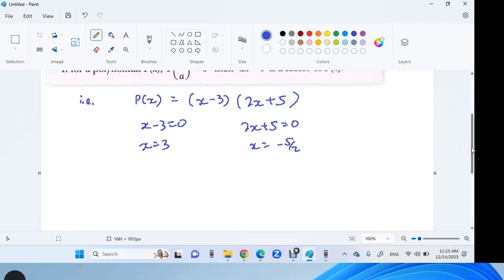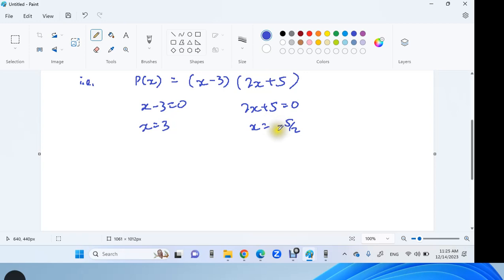So x equals 3 and x equals negative 5 over 2 are the roots. Then we have p(3) is (3 minus 3)(2 times 3 plus 5), which is 0, because 0 times a number will become 0.